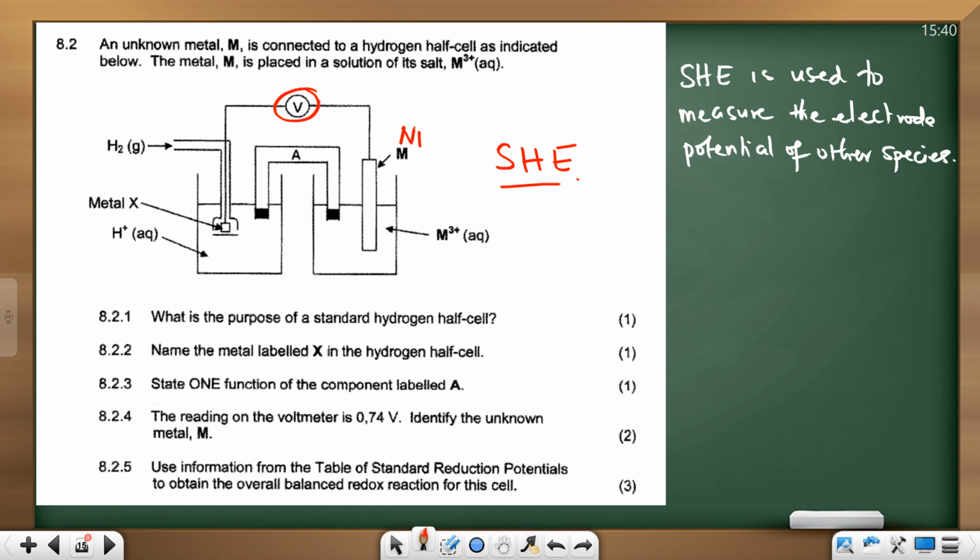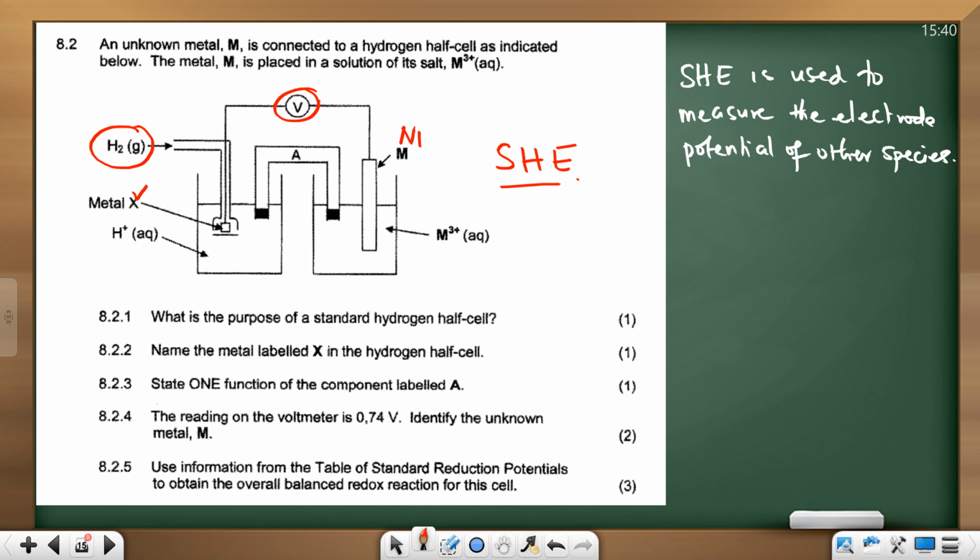All right. Okay, guys. What is the purpose of the standard hydrogen half cell? It is to measure the electrode potential of other species. Name the metal labeled X in the hydrogen half cell. Guys, hydrogen is a gas.